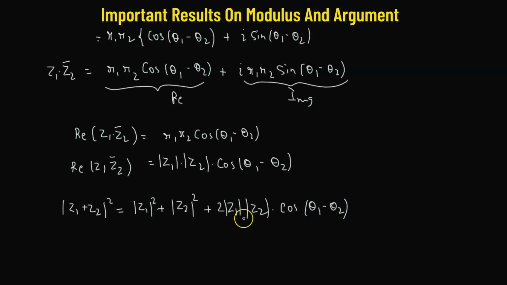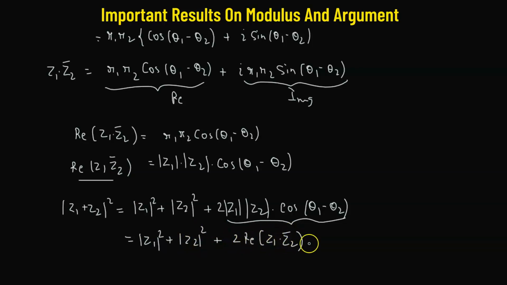So this entire expression can be replaced with the real part of z1 times z2 conjugate. So we have absolute value of z1 squared plus absolute value of z2 squared plus 2 times the real part of z1 times z2 conjugate. So hence we have successfully shown that the absolute value of z1 plus z2 squared is given by these two expressions.